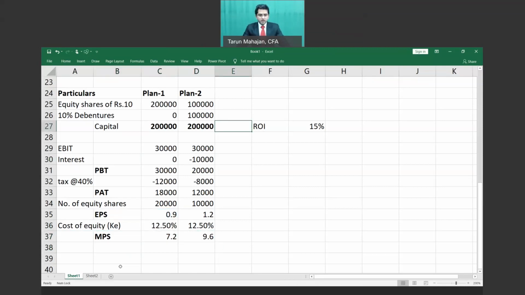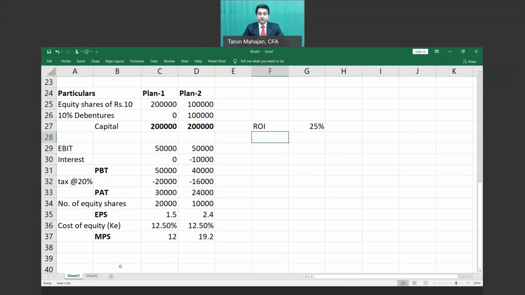Okay, let me change the example to some extent. I'm making some changes in the example so that it looks a better example to explain. Okay, I made some change in the example.